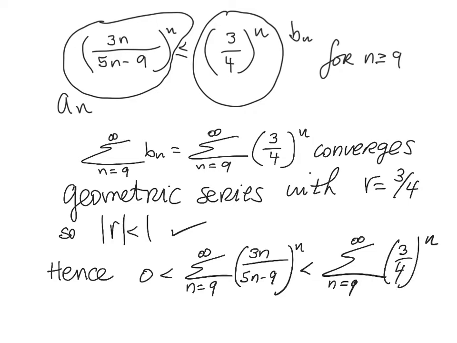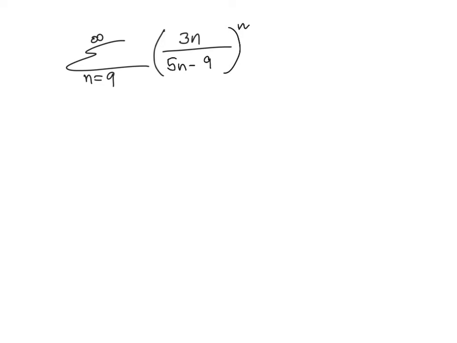And now by the comparison test, we know that the series in the middle of this inequality, the summation from 9 to infinity of (3n over 5n minus 9) to the power n, converges. That's the a sub n series. It converges by the comparison test.